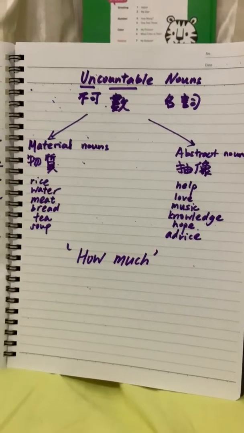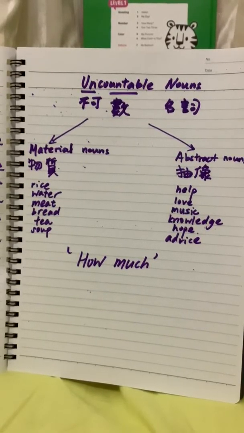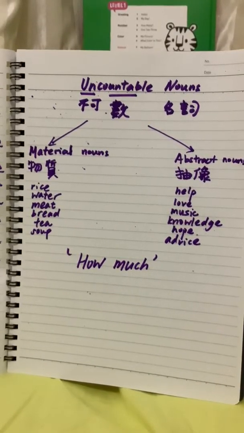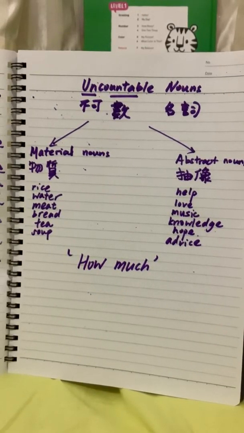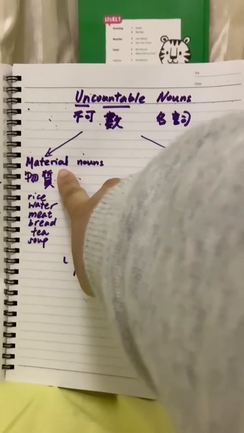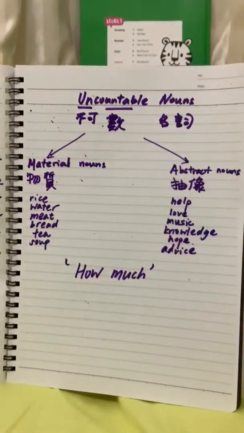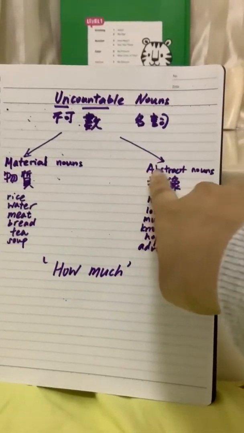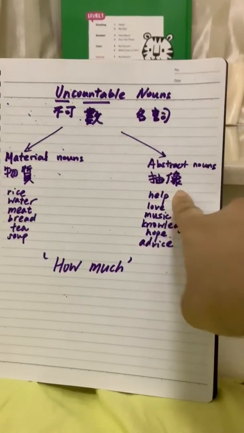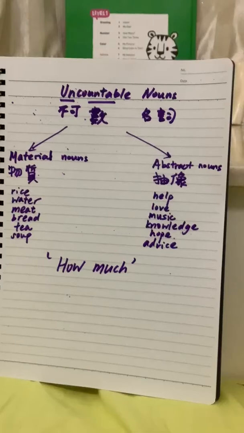Now let's proceed to uncountable nouns. Uncountable nouns obviously means cannot be counted. You cannot say 1, 2, 3. There are 2 major types of uncountable nouns. One is called material: something you can see but cannot be counted. The other one is called abstract: something you can't see and can be felt only.